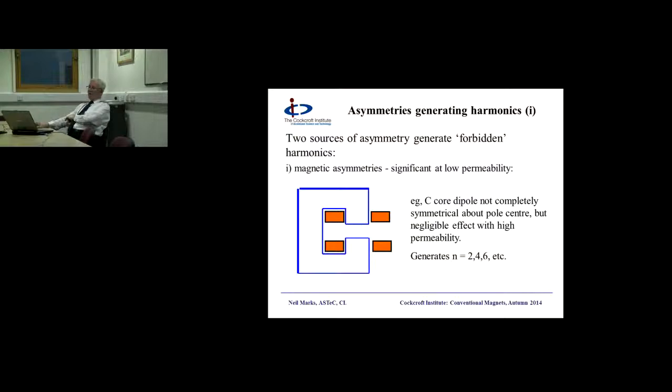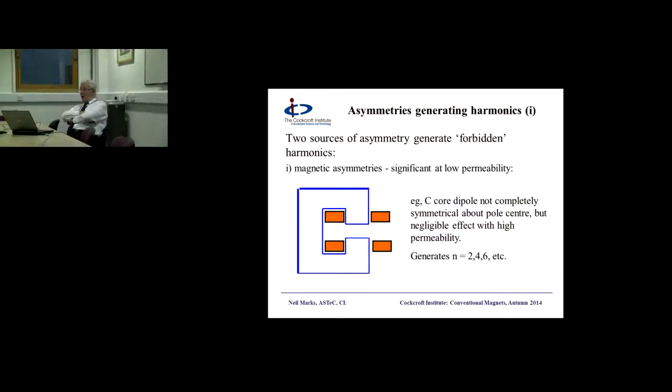But let's start first of all with what's called the standard dipole, which is a C-core dipole. So there's the coils that are exciting the magnet. Here's the steel, and here's the beam center line down here. And you've got to ask yourself straight away, is this a fully symmetrical magnet about the beam?